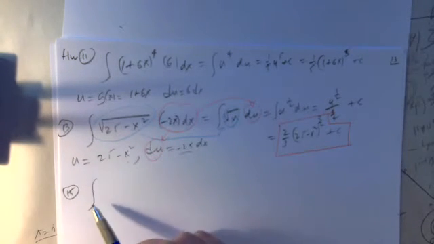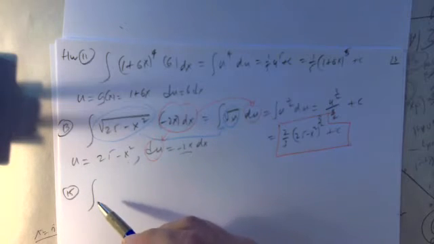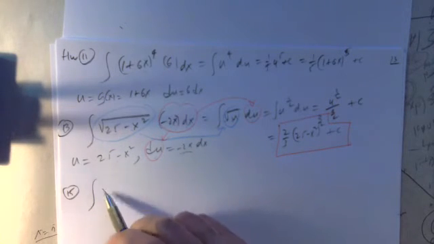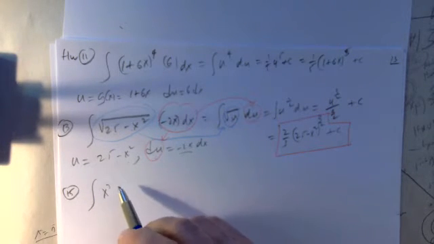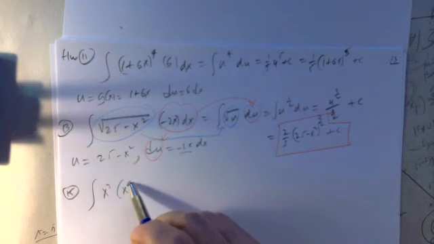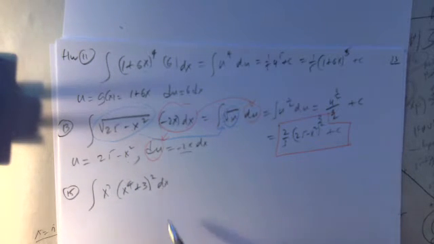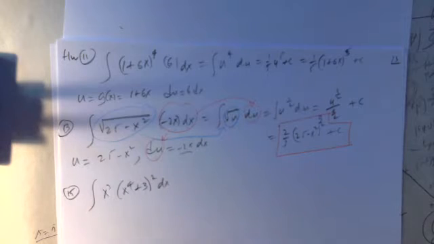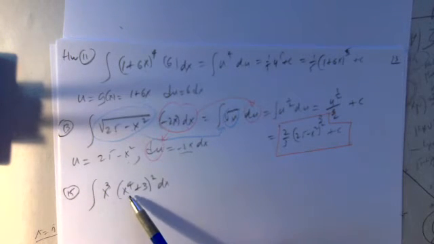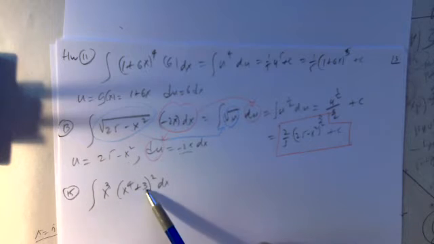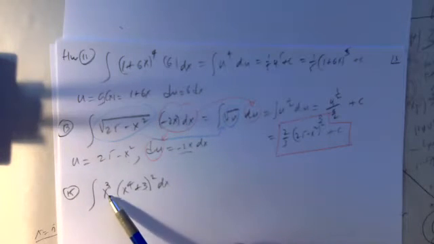Let's see. Number 15 is x cubed times (x to the fourth plus 3) squared dx. And to solve that, you would say, well, the derivative of x to the fourth plus 3 is 4x cubed.